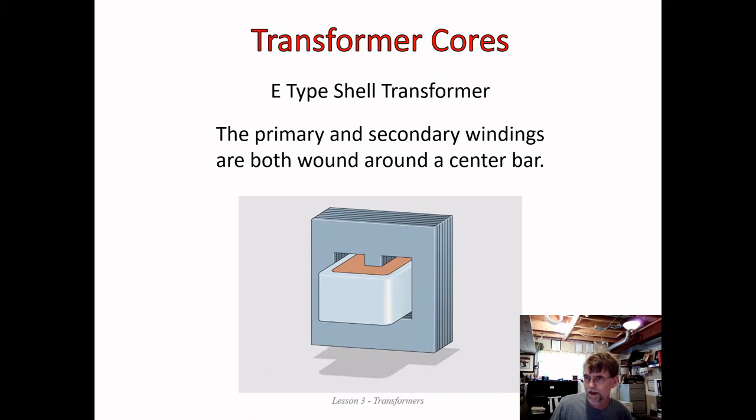However, the shell transformer actually offers a little bit better efficiency. Okay, and what we're doing here is we are winding the primary and secondary windings around each other, around the center bar of the transformer. And now, if we were to draw the lines of flux on here, they come up through there and around and back in there, and also around this way.